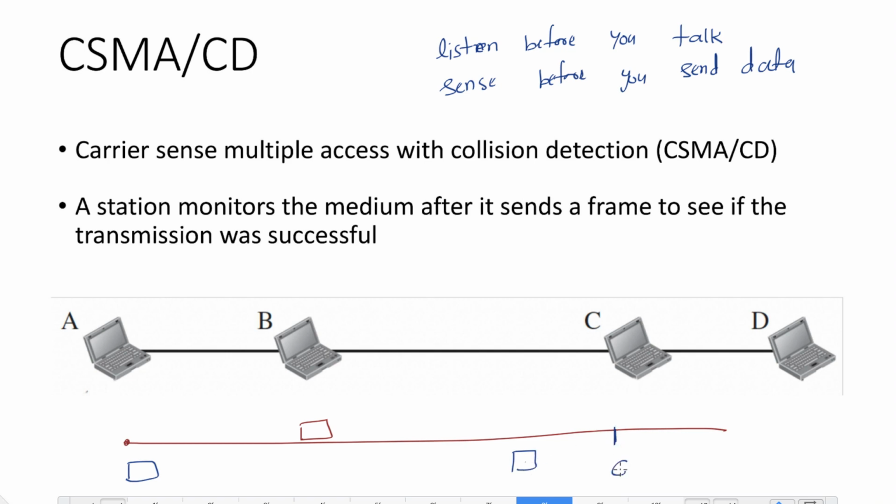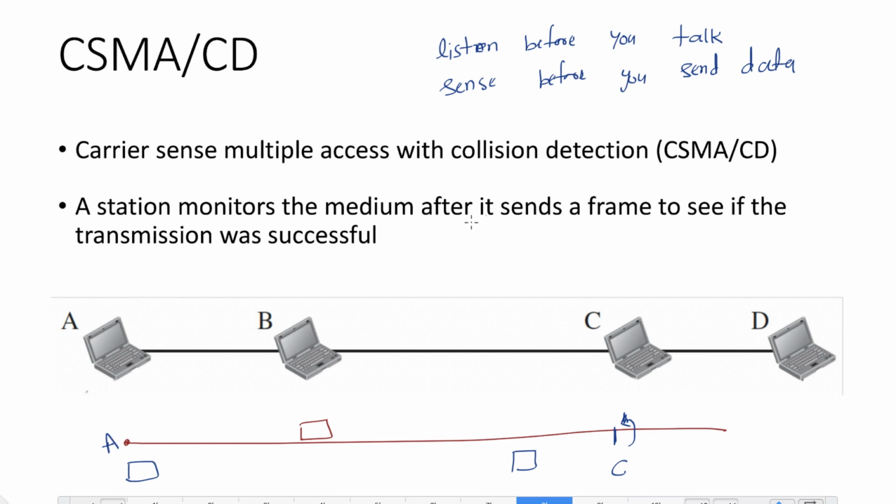That packet has still not reached C, but it has reached A, right? Then if A senses at that time whether the channel is busy or not, A will sense that okay, there is some packet on the channel, it means the channel is busy. But if C senses whether the channel is busy or not, then C will say the channel is not busy, right? Because the packet is here. If C senses the channel, C will say the channel is not busy. If A senses the channel, A will say the channel is busy. So that's what I mean by saying according to A, whether the channel is busy or not.